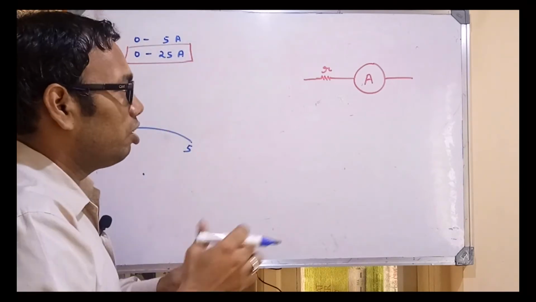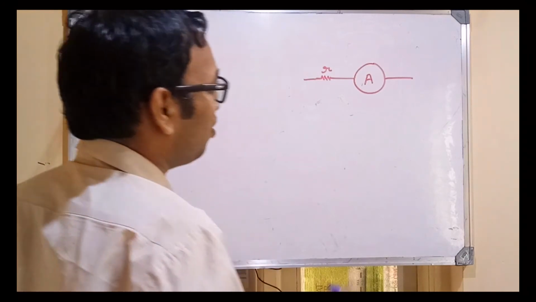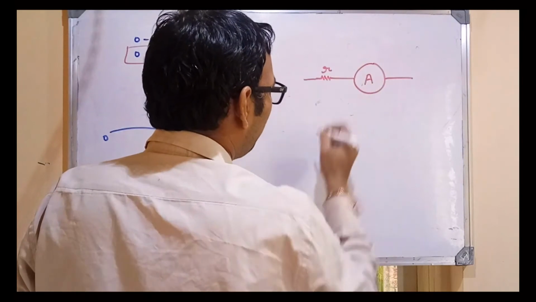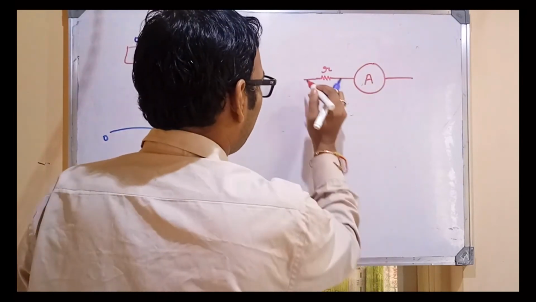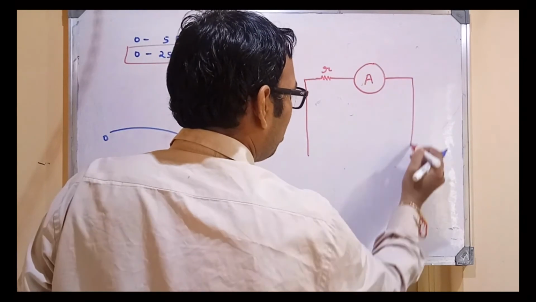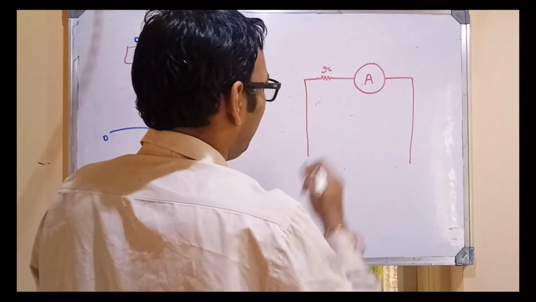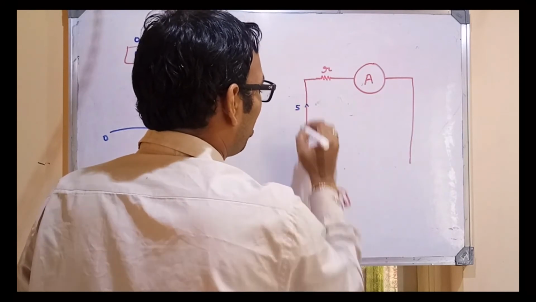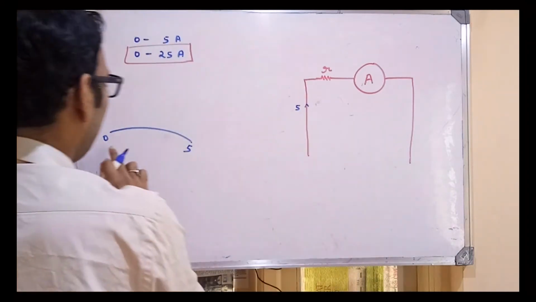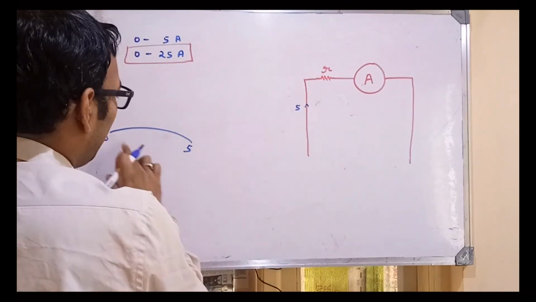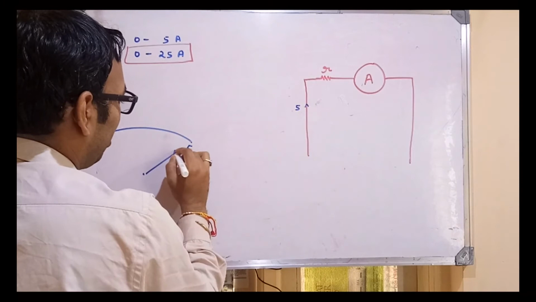So for that we have to put one shunt resistance across this ammeter. Initially this meter is reading 0 to 5 ampere. Means if you are giving 0 ampere, it is reading 0, if giving 5 ampere, it is reading 5 ampere.